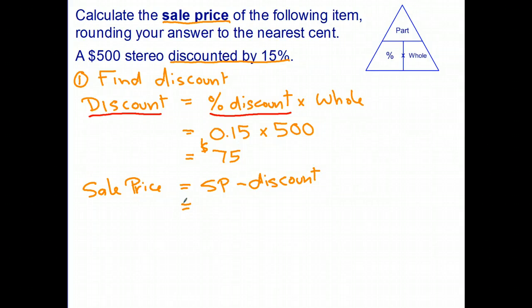That's going to give us $500 take away the $75 discount, and that means the sale price is actually going to be $425. So we had to do a couple of steps to get this answer. First thing I found was the discount in dollars by using part equals percent times whole. And once I got the discount, I had to subtract to get the sale price.